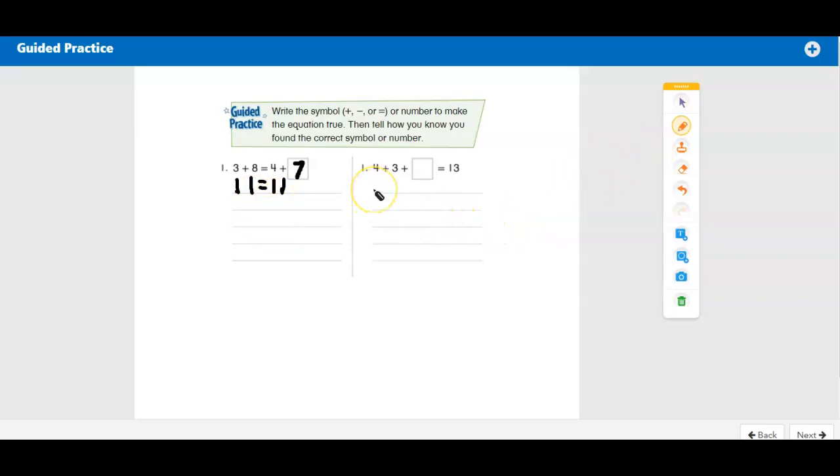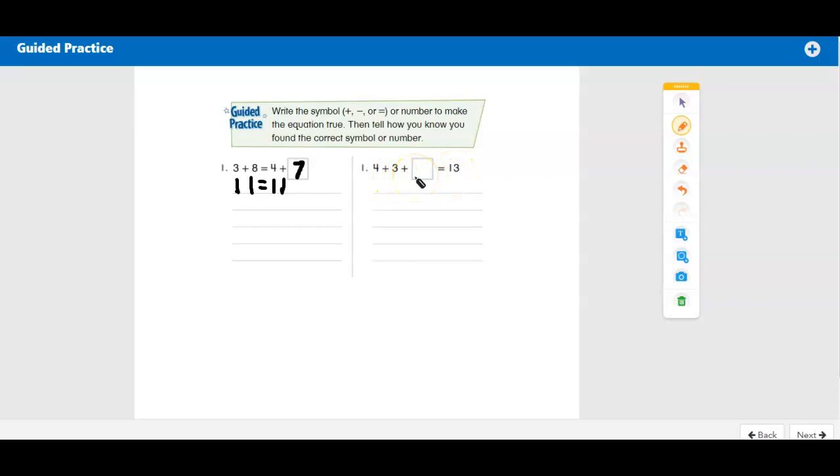Let's look at this example here. So this one has 4 plus 3 plus blank equals 13. So for this problem, again, we are adding a number this time. So we need to find out 4 plus 3 plus blank is equal to 13.